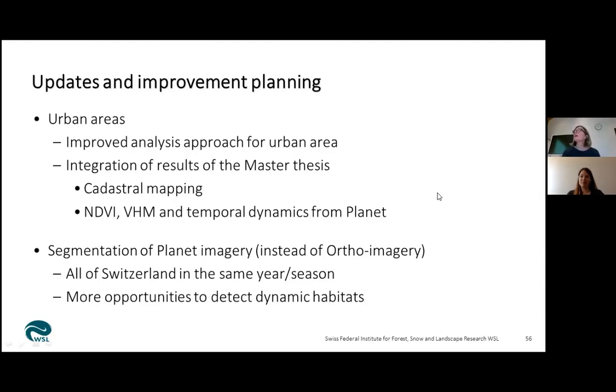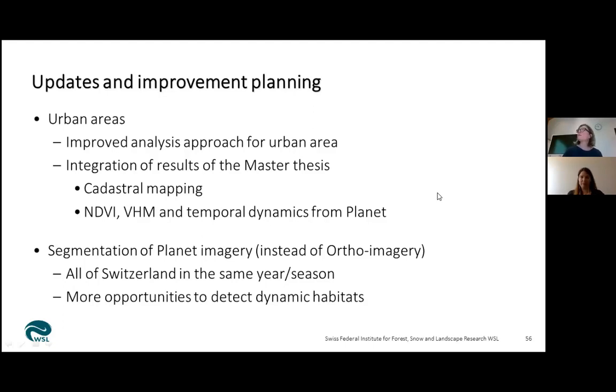So we've had a master's thesis looking at how to better map habitat types within urban areas, and we hope to build from that to come up with an approach where we can better look at the habitat types within urban areas. The classification typology is also not necessarily designed for urban areas, so we may have to have some slightly different classifications within an urban area.